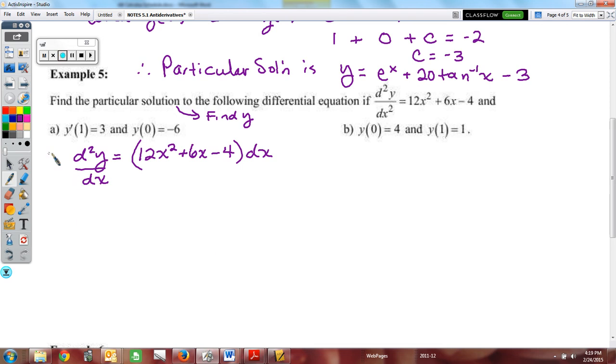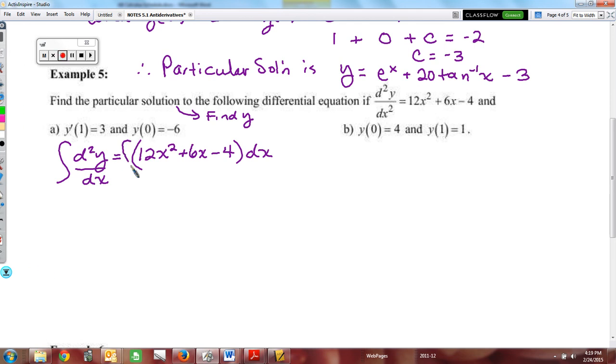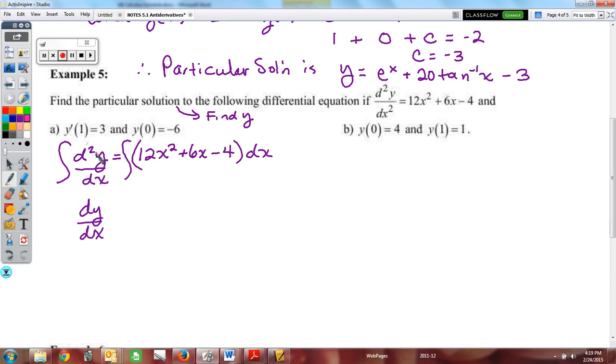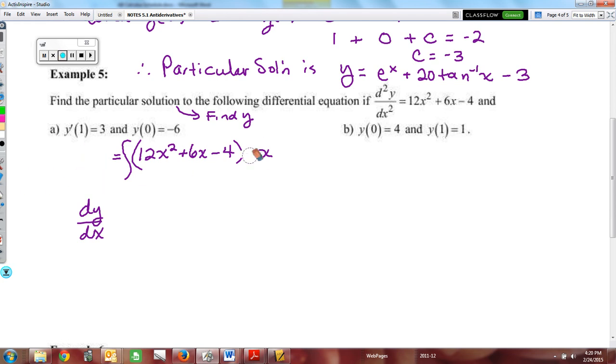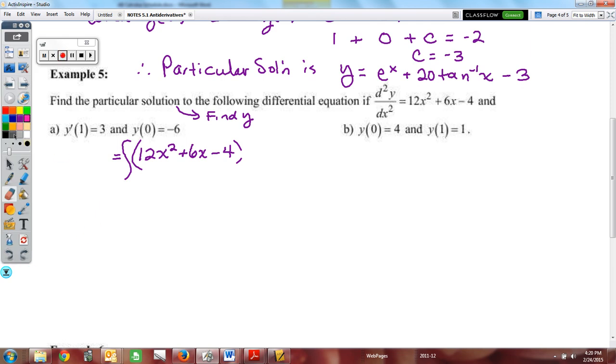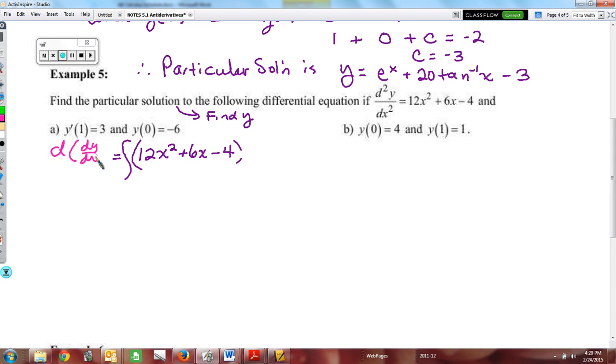Now, when we integrate, the antiderivative of the second derivative is going to be the first derivative. Okay, maybe it might be a little bit helpful if I rewrite this. I think this might explain better what I'm doing here. The second derivative is the derivative of the first derivative with respect to x.